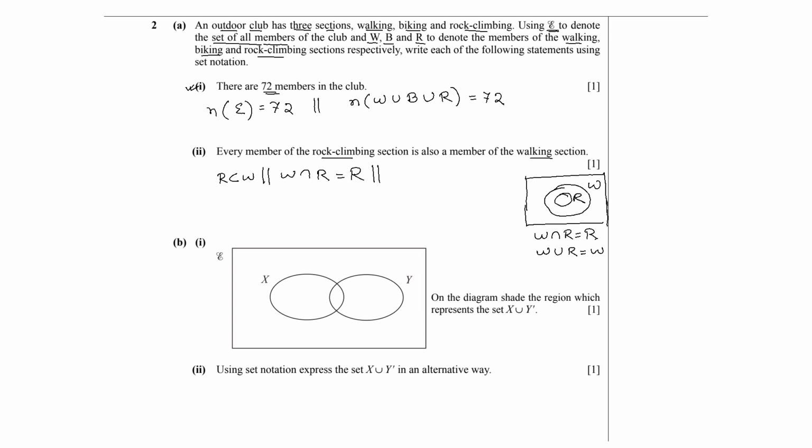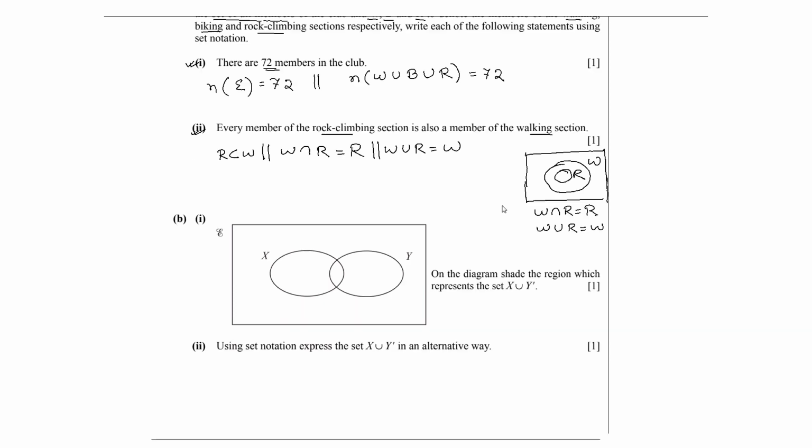Here another set notation could be W union R equals W. If we imagine union to be addition, this basically means that W plus R is equal to W. This is because all the elements present in R are already present in W. There are no elements present in R that are not present in W.